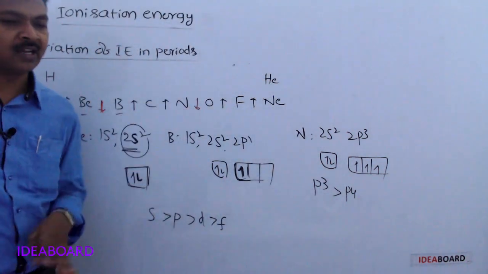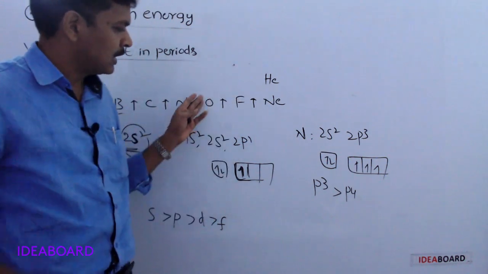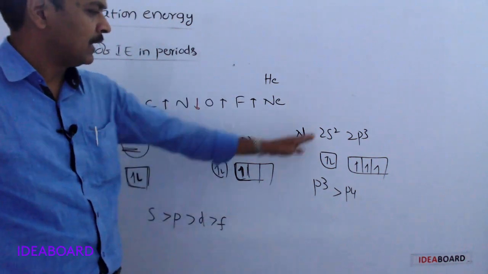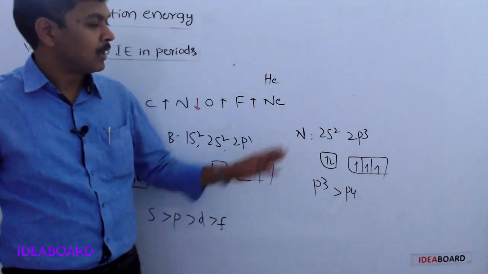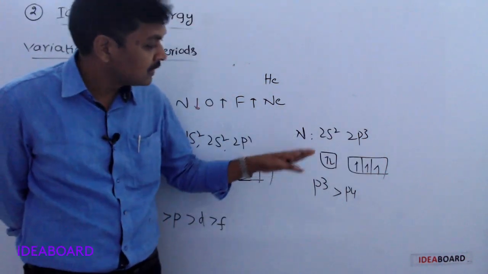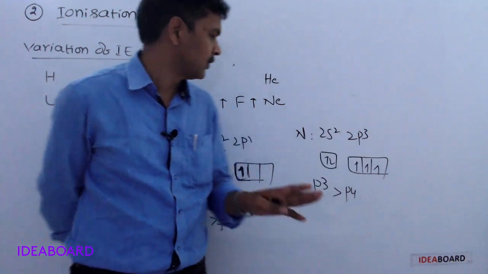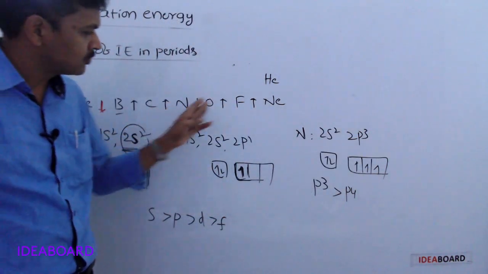Nitrogen has a stable configuration, so it has a higher IP value. For oxygen, it is 2s2 2p4. The 2s2 2p3 configuration is more stable than the 2s2 2p4 configuration. That's why nitrogen to oxygen IP decreases.